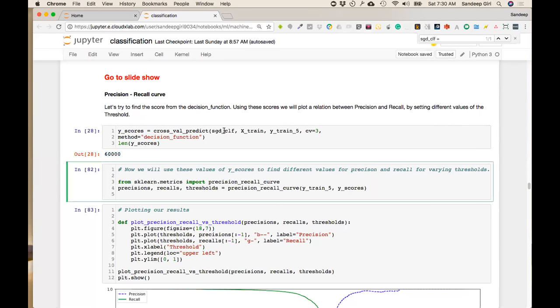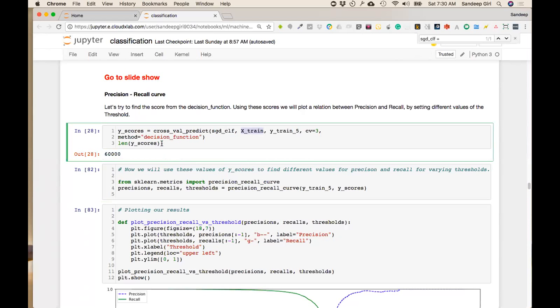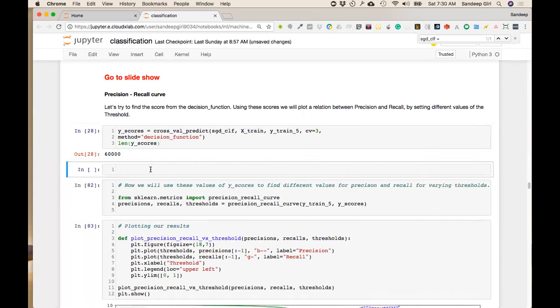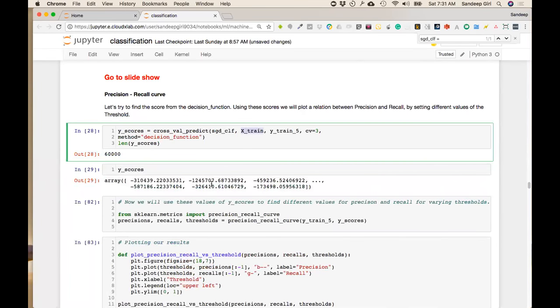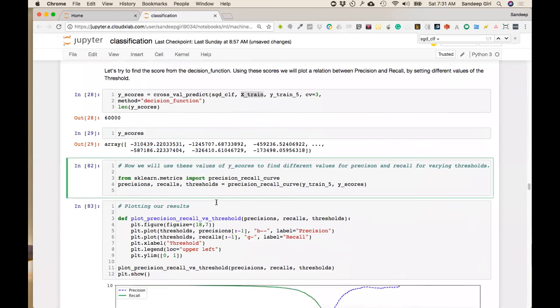So for all the records that we have in the input, it has computed the y_scores. The y_scores signify how well each digit in X_train is being classified as 5. That's what y_scores represent.